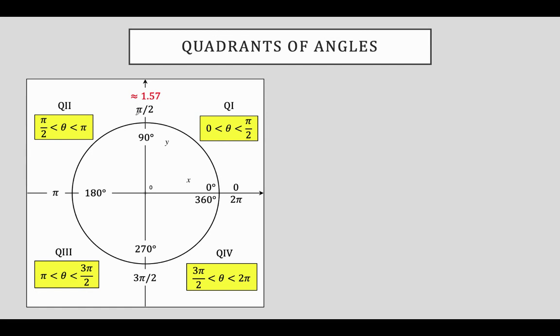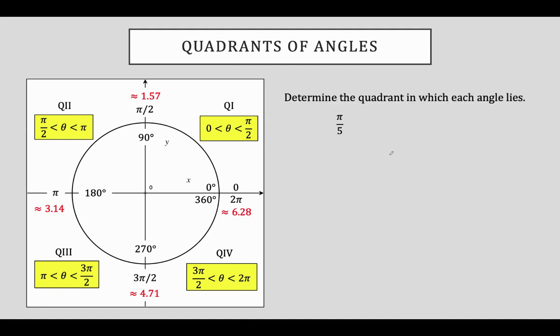If you take pi and divide it by 2, you get approximately 1.57. This is the same thing as approximately 1.57 radians, 90 degrees. Pi is approximately 3.14 radians. These are all numerical values, so don't get intimidated by the value pi. 3 pi over 2 radians is approximately 4.71 radians, and 2 pi is approximately 6.28 radians.